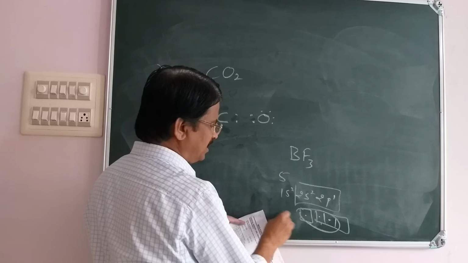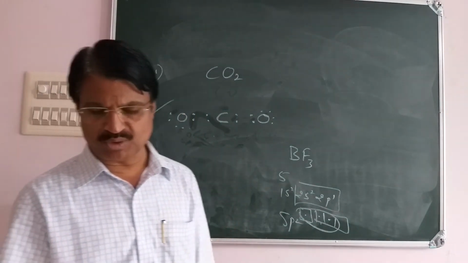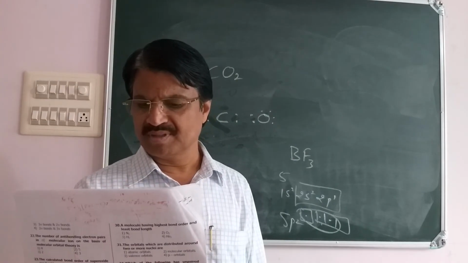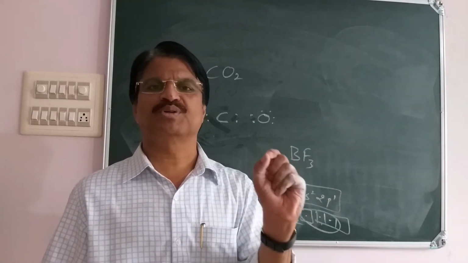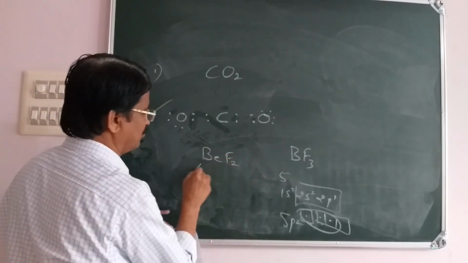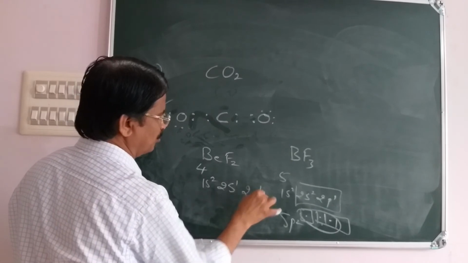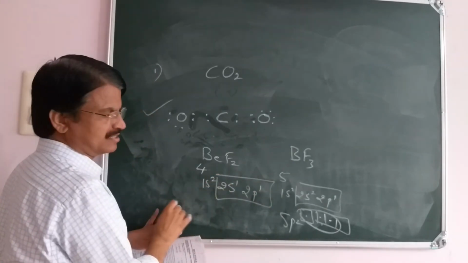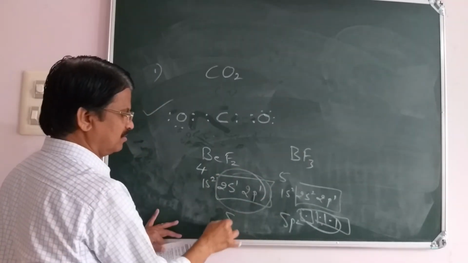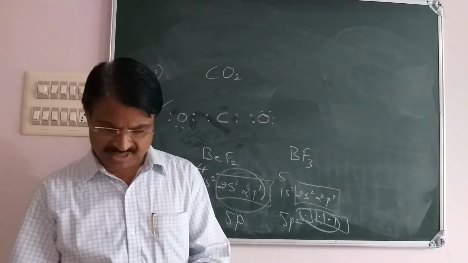Then sp2 hybridized. Boron trifluoride, sp2 hybridized. Beryllium fluoride, BeF2. Atomic number 4, 1s2, 2s1, 2p1. Excited state, 1s, 1p, sp. It is linear. Therefore, answer is 3.